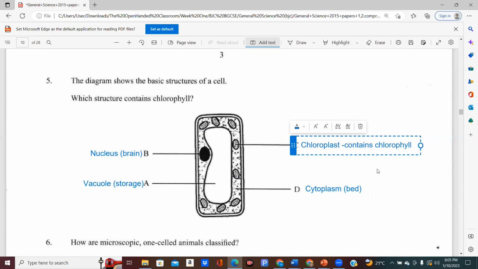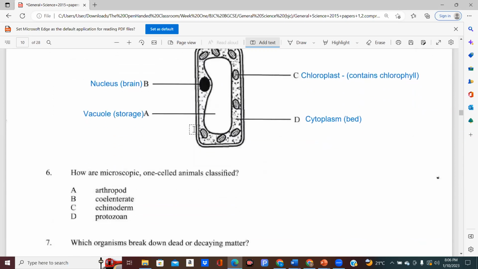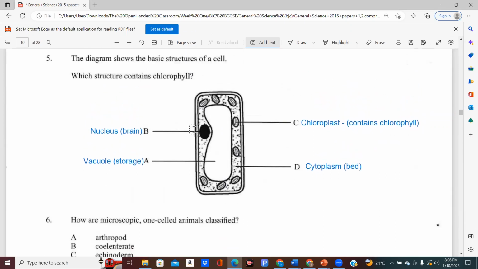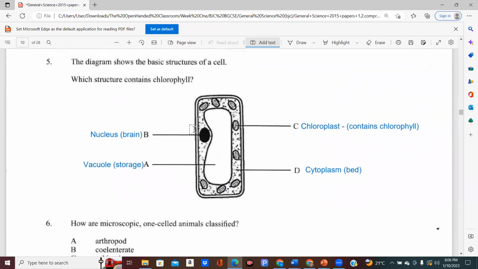So that's what we're looking at. Chloroplast, and that chloroplast contains chlorophyll. Okay, so number 5 is C, chloroplast.